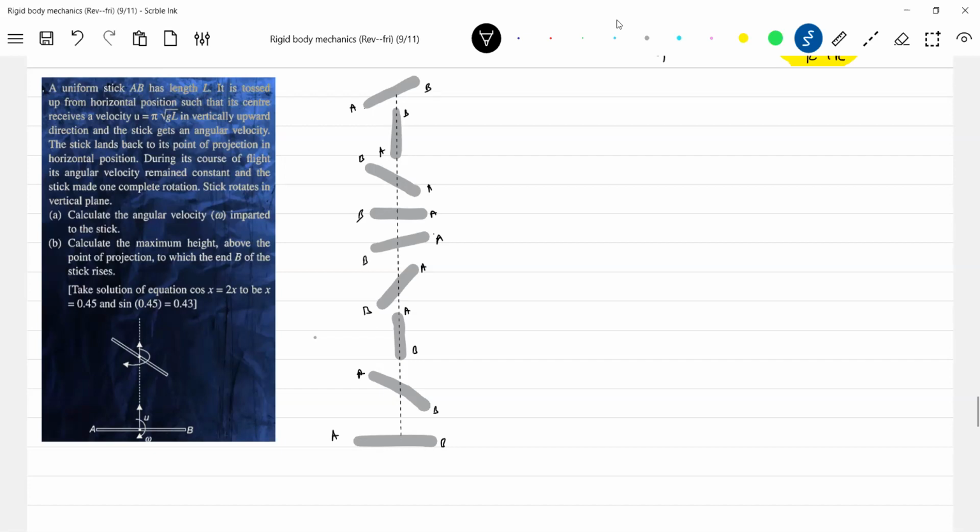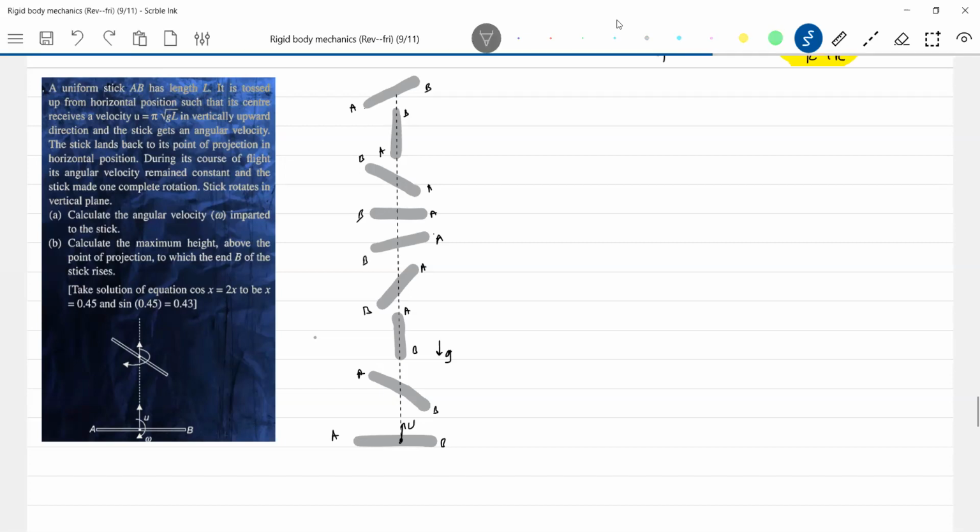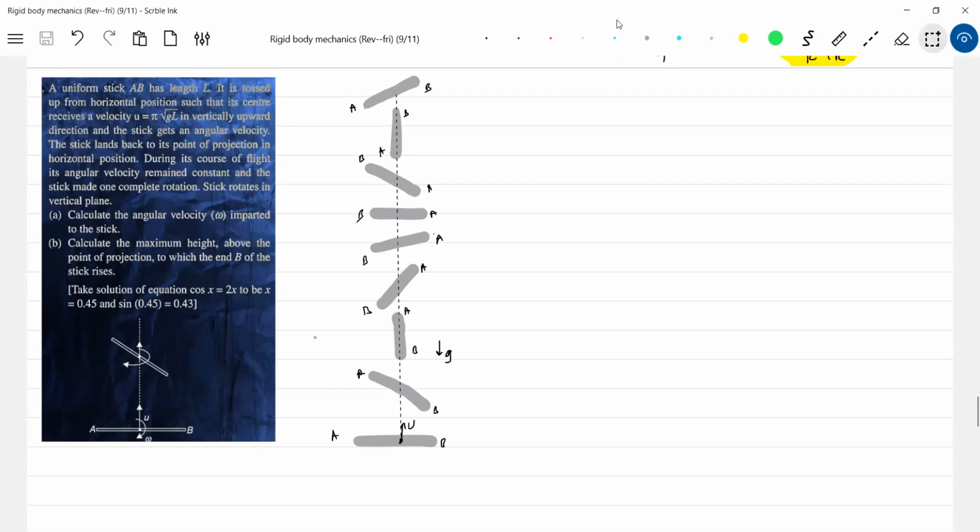What will happen to the velocity of center of mass? Calculate, during its course of flight, its angular velocity remained constant and the stick made one complete rotation. Oh, one complete rotation.